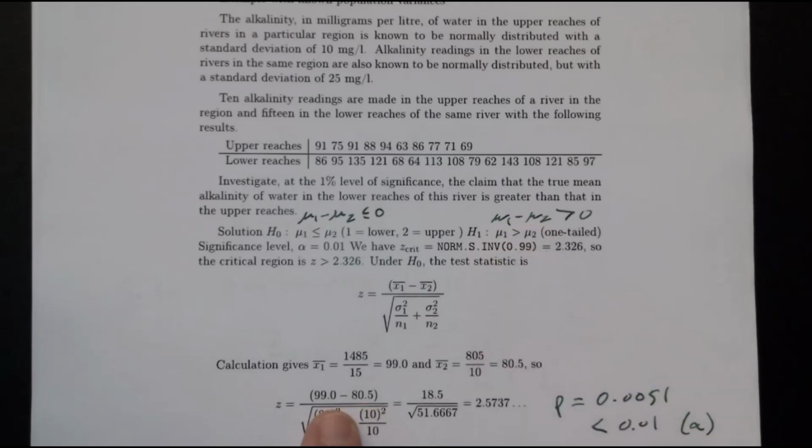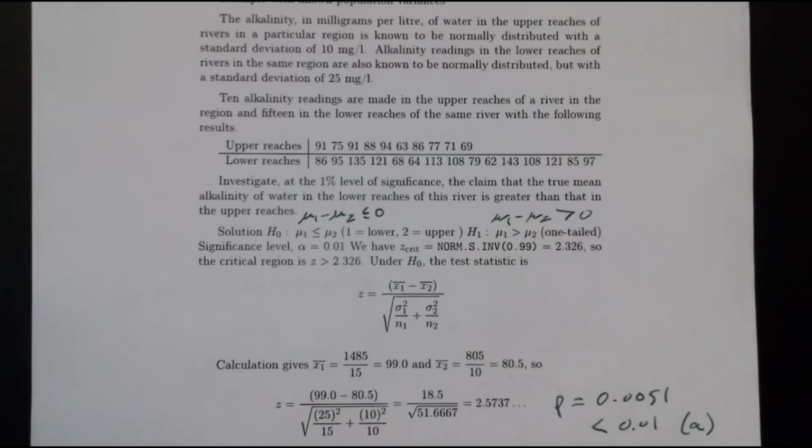But just looking at these two numbers, I can ask, is this a meaningful difference? Not just statistically significant, is this practically significant? The average in the lower river is 99, the average in the upper river is 80.5, in terms of milligrams per liter.